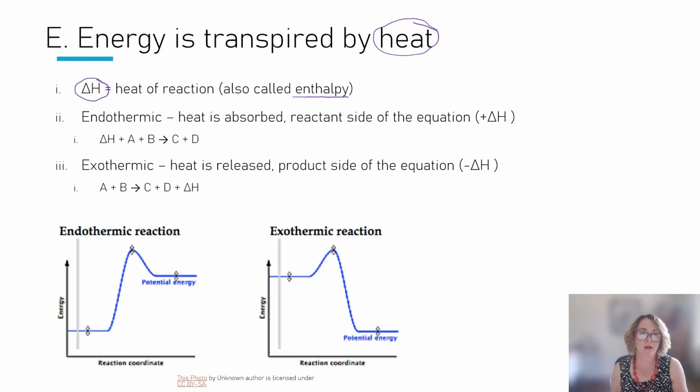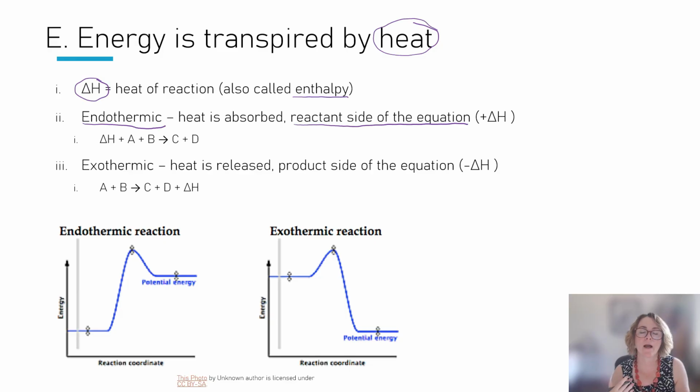Now, reactions come in two flavors. Heat can either be released or heat can be absorbed. If heat is absorbed in a reaction, then that reaction is defined as being endothermic, and heat would end up being on the reactant side of the equation.